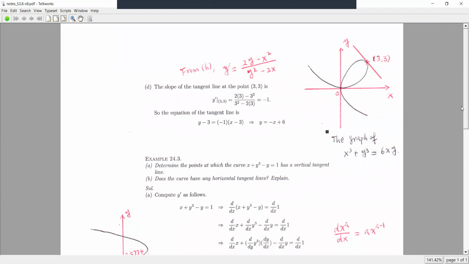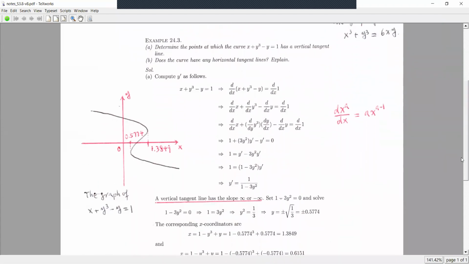I use my computer to plot the graph of the equation. The graph looks like this curve. From this diagram, we can see that there are 2 points on the curve where tangent lines are vertical. We need to determine these 2 points in part A.